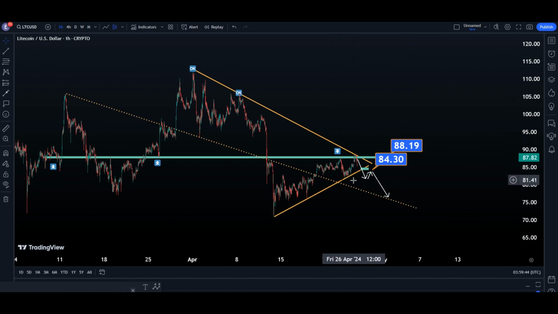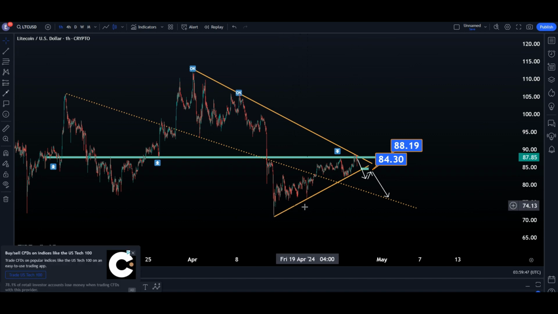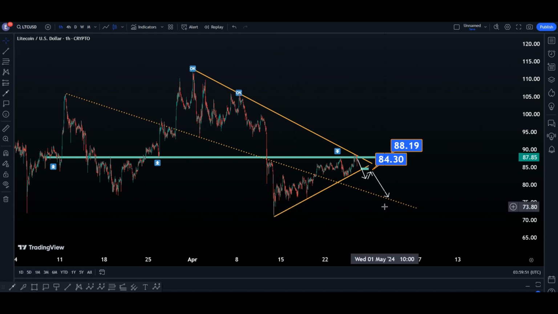And if this bullish trend line here break, I think this is our first support here.